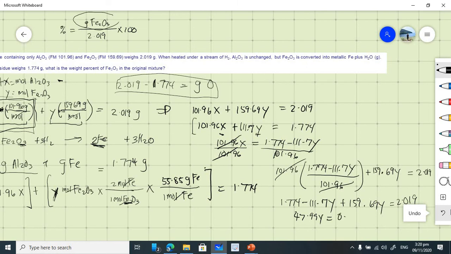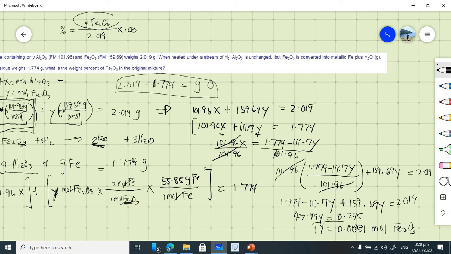That's 0.245. Okay, so y is equal to 0.245 over 47.99. So y is equal to 0.0051. So this is moles Fe2O3.